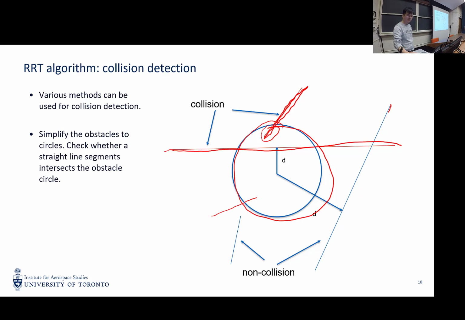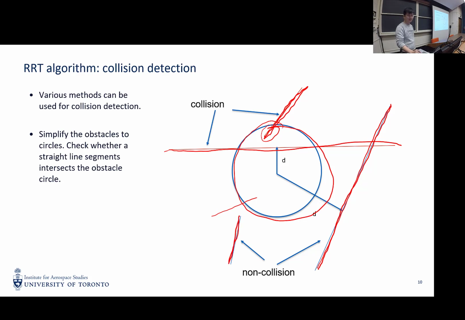And if the newly generated step looks like this one, away from the obstacle, then we consider this collision free. It's also a valid step for the tree. And this one is also valid.